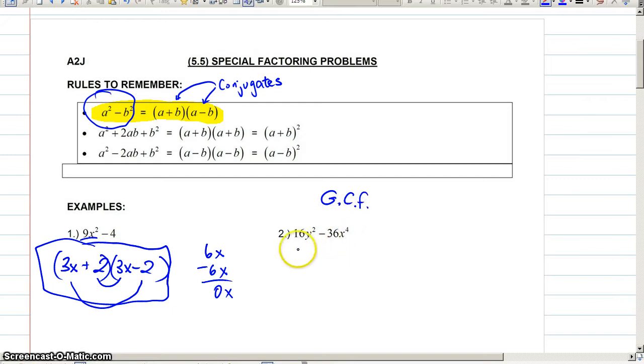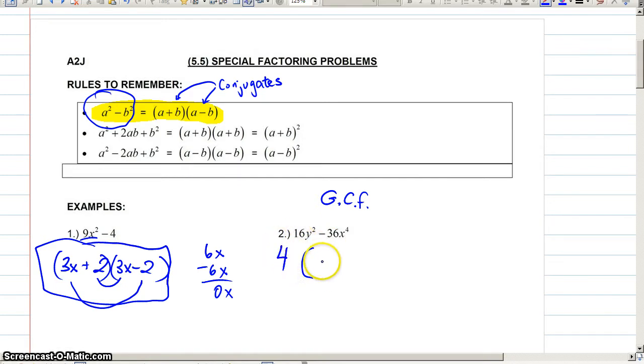Is there a number larger than 2 that divides into 16 and divides into 36? Well, we could quickly see that 4 is the largest. Obviously, a 2, a 4, an 8, and a 16 divide into 16 itself, but only the 4 would also divide into the 36. So divide out a 4.